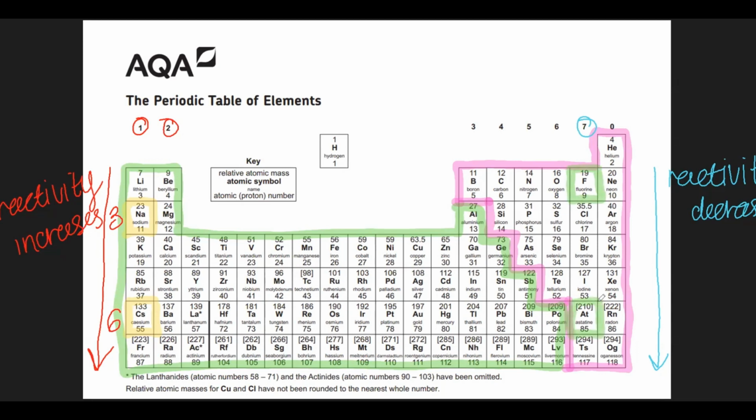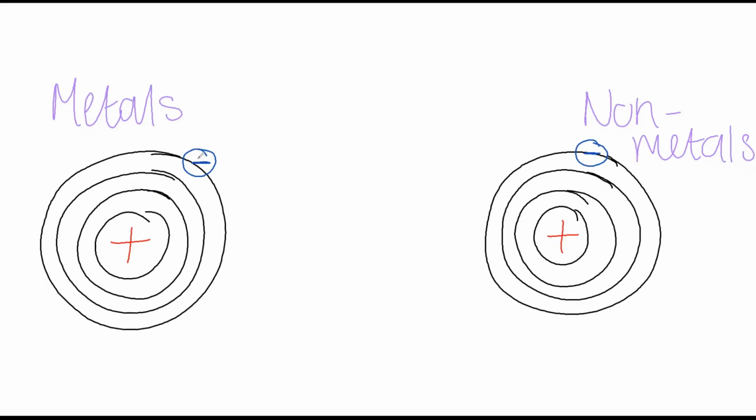The bigger the atom, the more electrostatic attraction between the outer electrons and the inner electrons, and it creates a pull. So here I've drawn two simplified models of the atom. I haven't drawn all of the electrons, and I've only drawn a positive charge for the nucleus and a negative charge for the electrons.